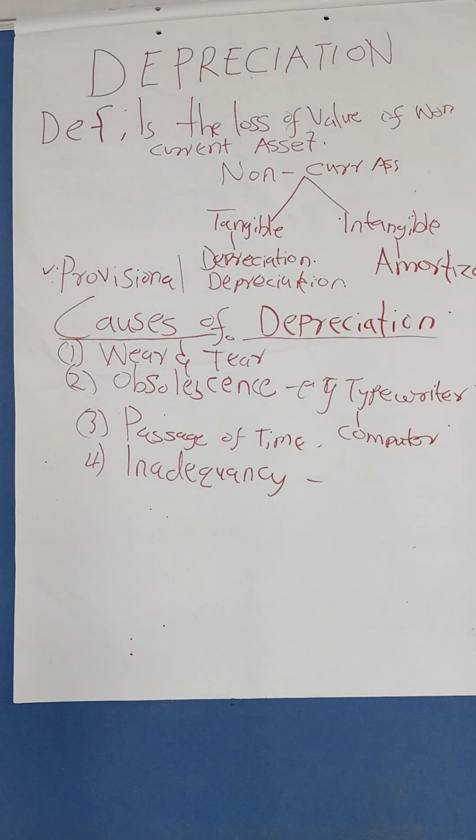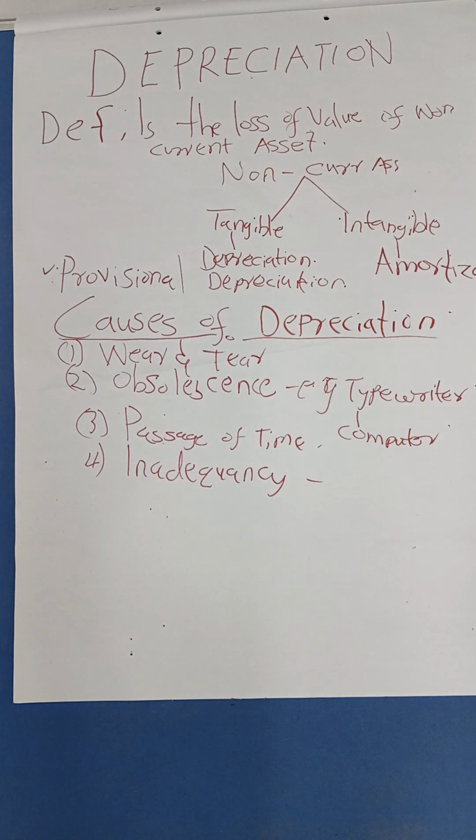So it means you had a small machine that was producing just those 100 units. But because of the demand in the market, because of the economy, as the demand has gone up, the current asset in the business has lost value, meaning you'll have to get a machine that will be able to produce 1,000 units.